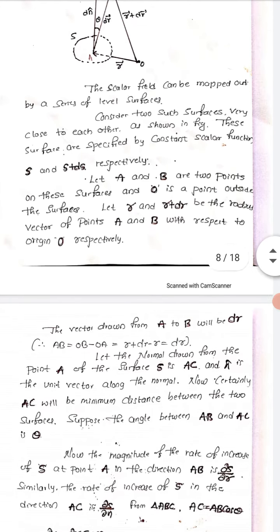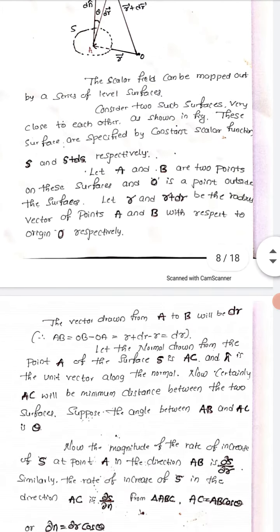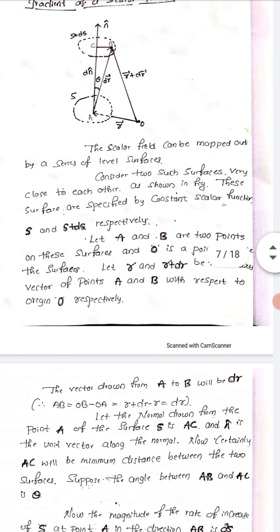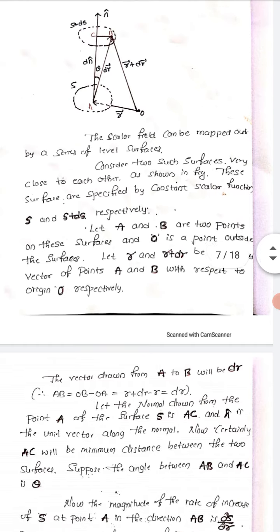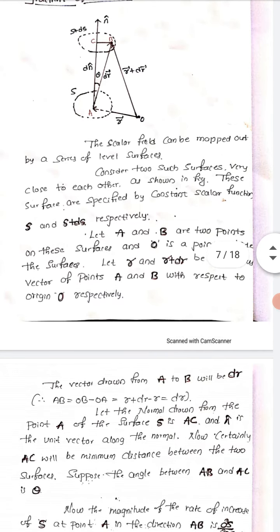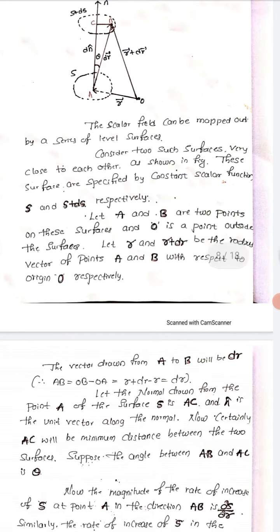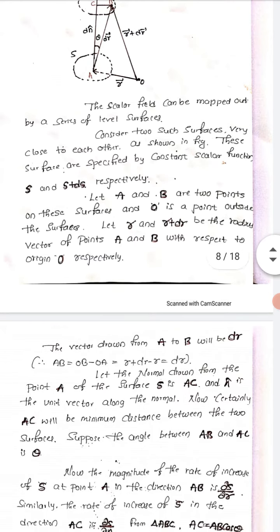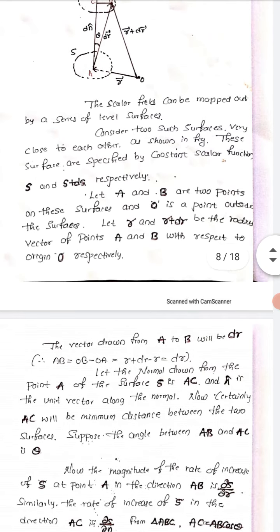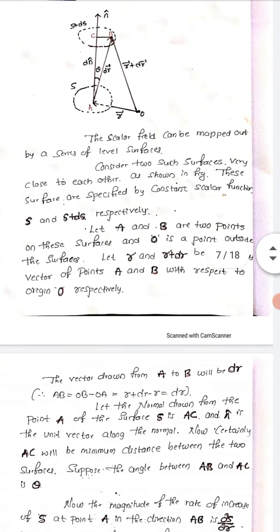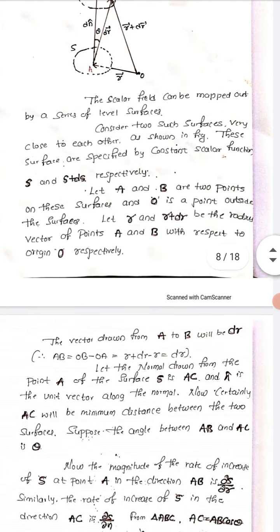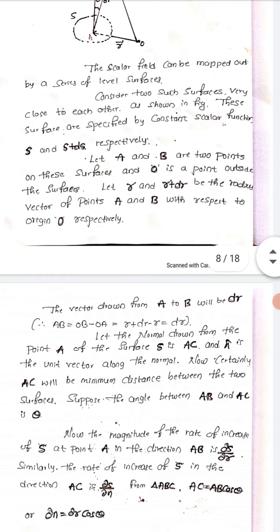Now the magnitude of the rate of increase of S at the point A in the direction AB is dou S divided by dou r. Similarly, the rate of increase of S in the direction AC is dou S divided by dou n.